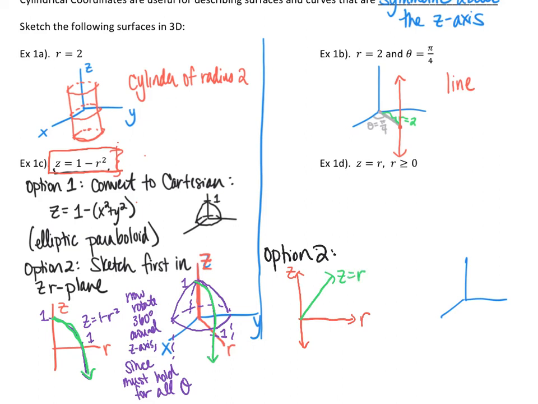And so I'm now going to take that line and I'm going to translate it. Let's put a little ZR right here. And now I'm going to sketch this line. It's going to be a little bit hard to see the perspective, but I'm trying to draw like that. And then now we're going to rotate this around for all theta. And you can see this is going to trace out for us a top cone.